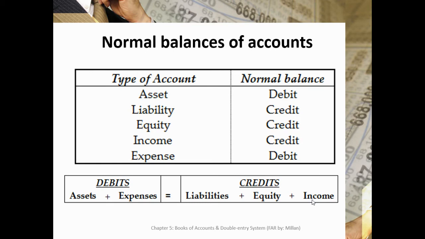So, friendly advice, I encourage you to memorize the normal balances of the accounts as this will make your study of accounting much easier. So, tandaan nyo, asset and expense, nasa left side, debit. Liabilities, equity, and income, nasa right side, credit siya. Normal balance niya yon. At pag sinabing normal balance, nadadagdagan siya pag nandyan siya sa side na yan. So, pag nilagay mo na siya sa kabila, mababawasan siya.